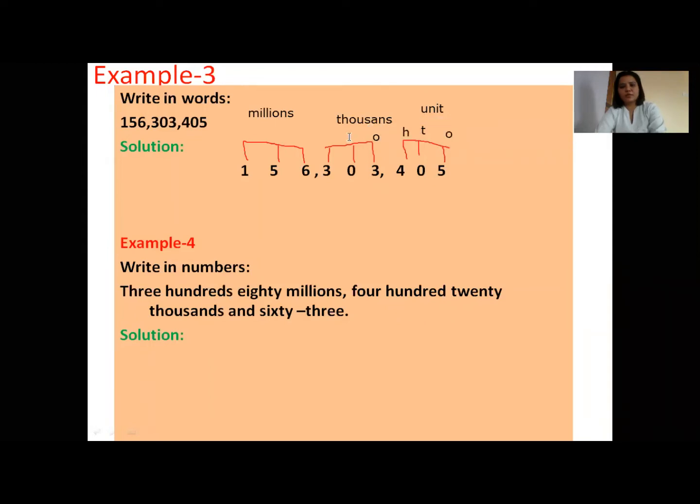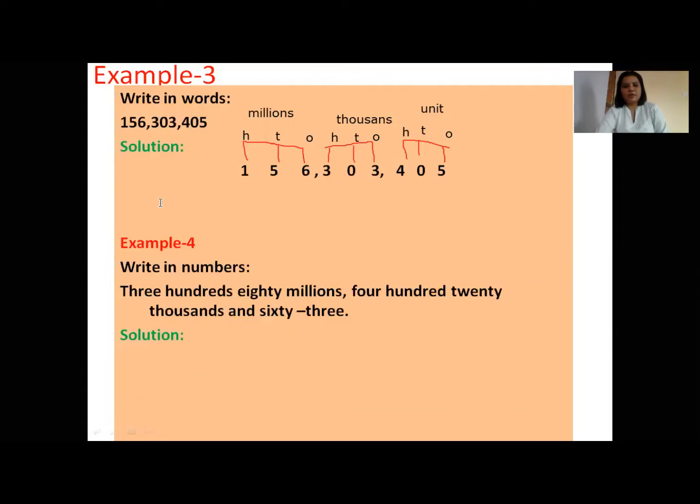O for ones, T for tens, and H for hundreds. O for ones, T for tens, and H for hundreds. Now we can clearly see here all the places of the digits in the number.